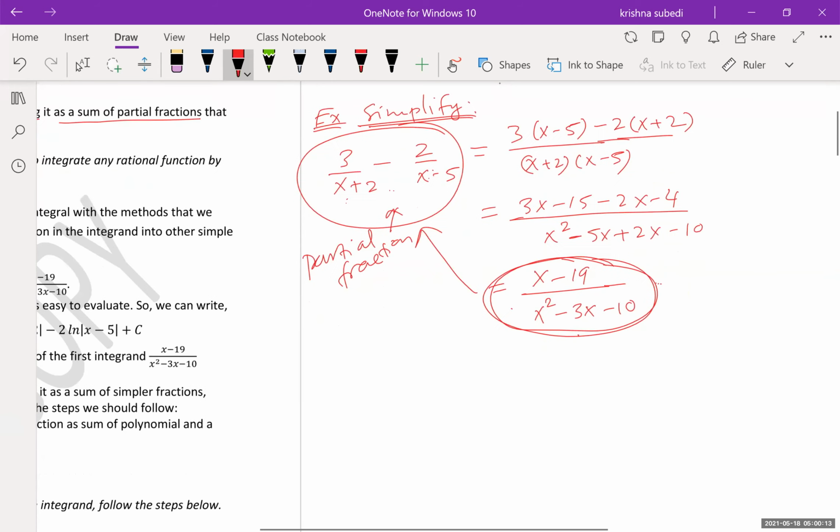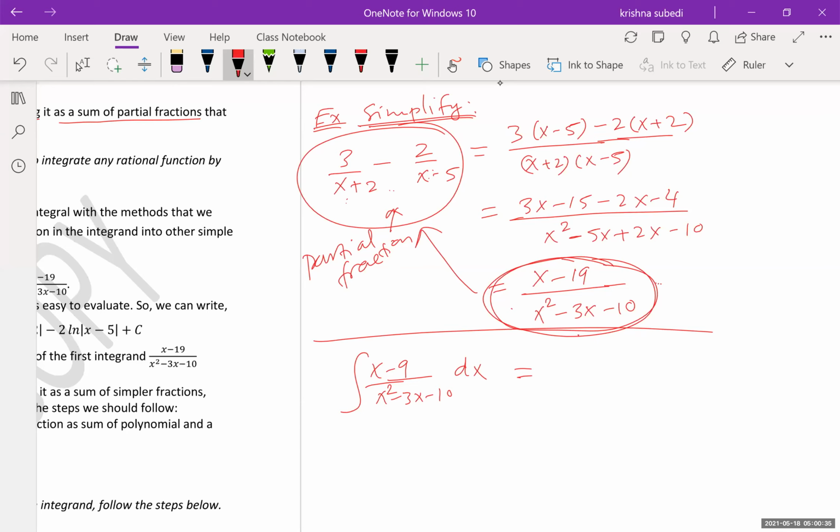Now, if somebody gives you an integration like this, think about the substitution rule. The substitution rule is not going to work here. You can try that by yourself. Substitution rule does not work.